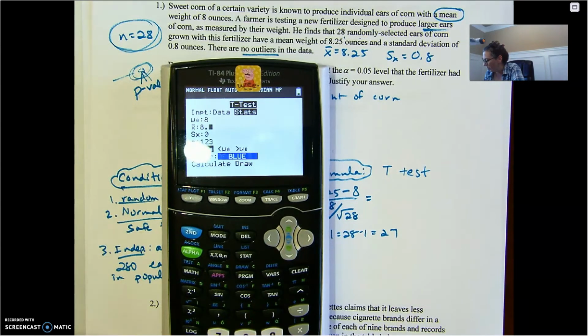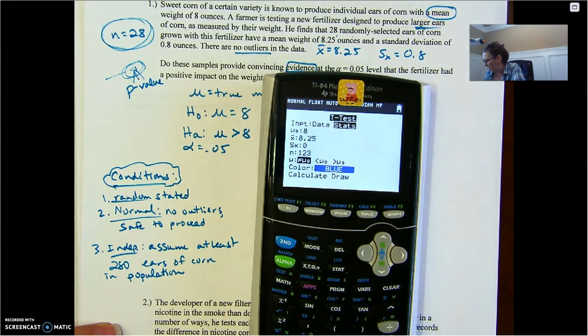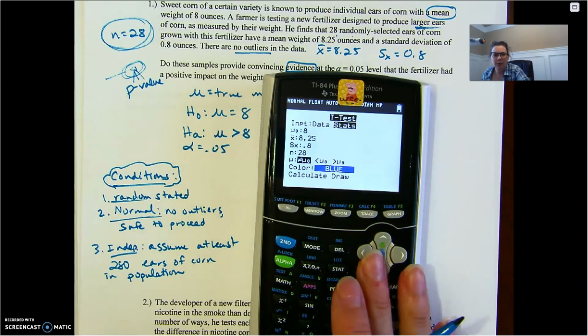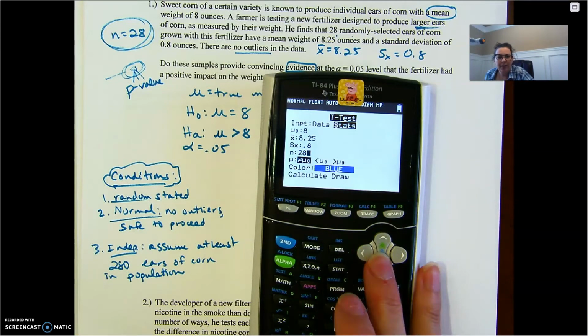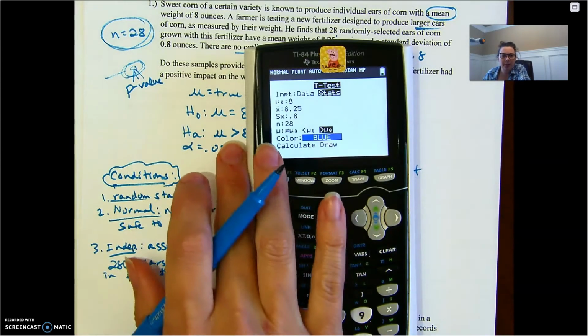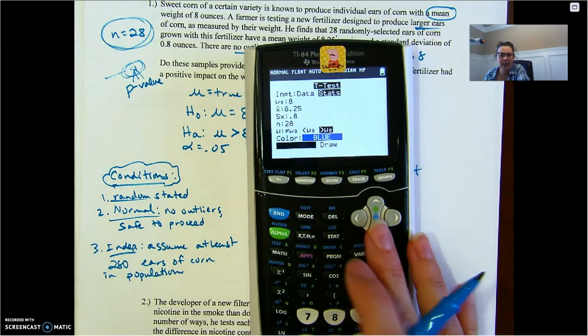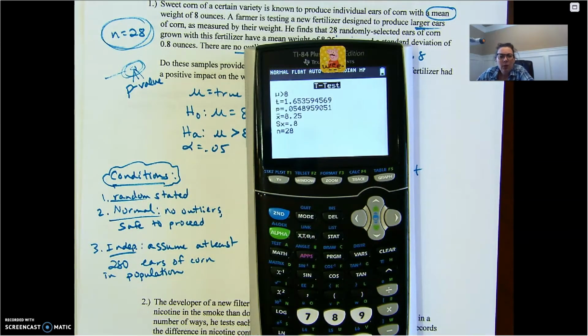Our sample was 8.25 ounces. The sample standard deviation is 0.8 ounces. We had a sample size of 28 ears of corn, and we're looking for evidence that it got larger. So we want the symbol to match the symbol that's on the paper. So notice it's going that way, that way. All right, calculate.